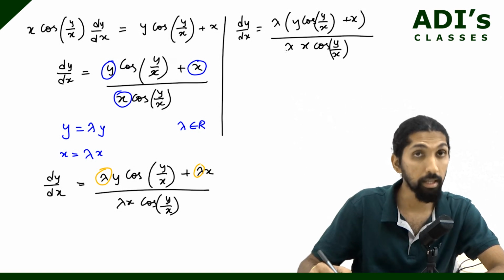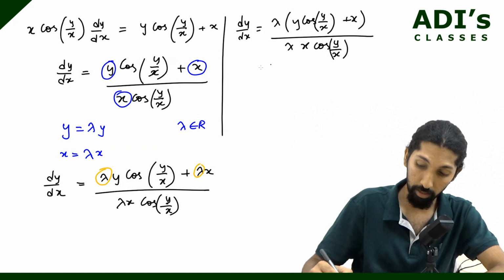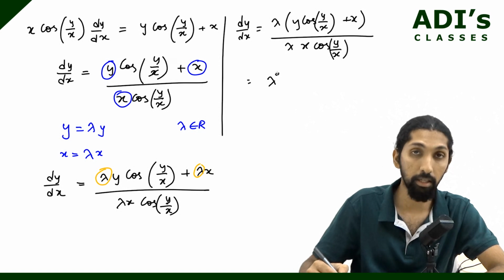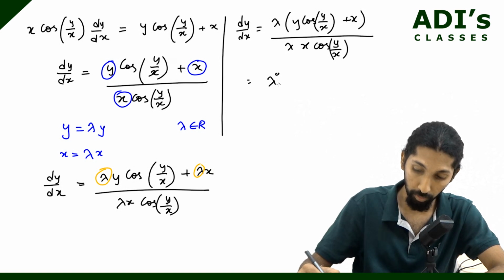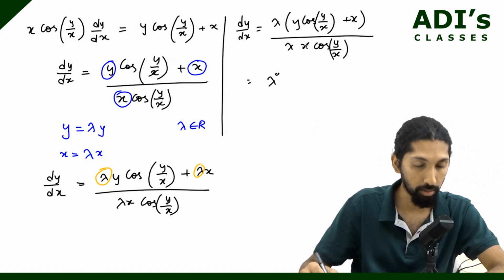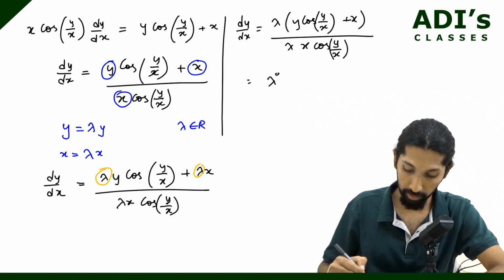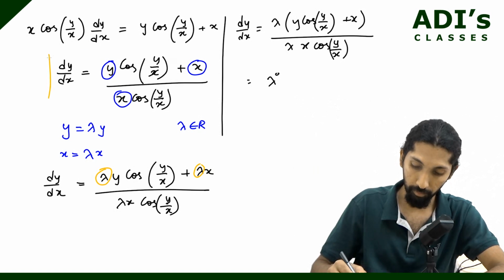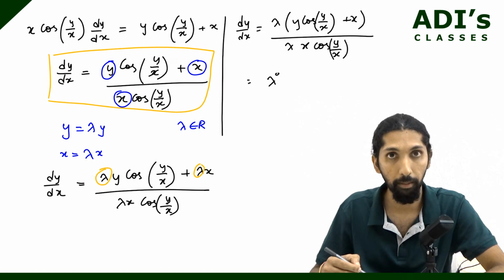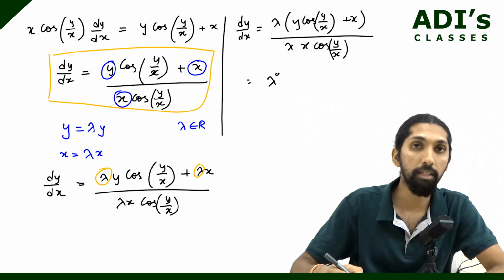Now lambda cancels. Or in other words, we can call this lambda power 0 into y cos of whatever. Isn't that what we have in the previous one? See here, isn't it the same thing? So what did we just see?